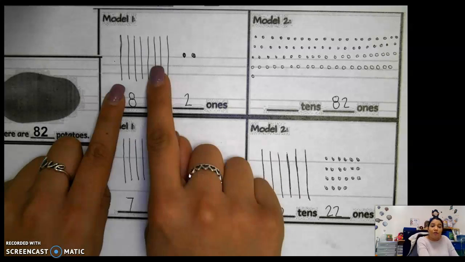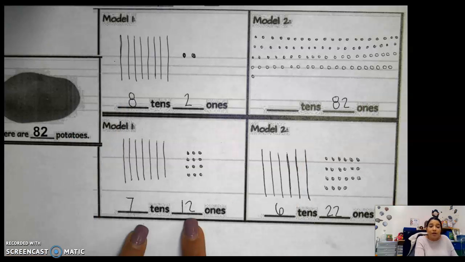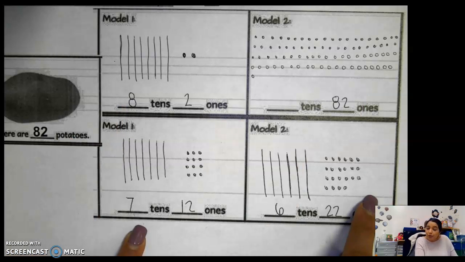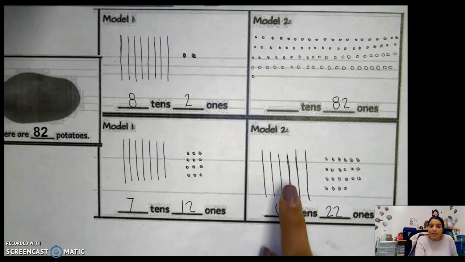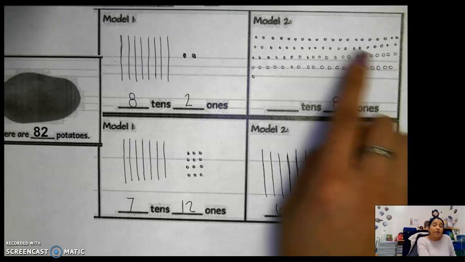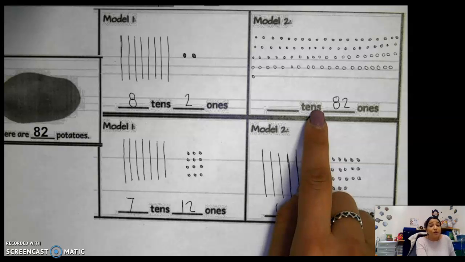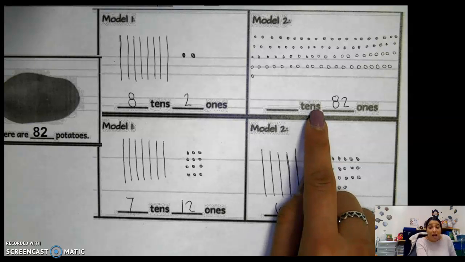So look at all of our models. We were still able to make the number 82, but with a different amount of tens and a different amount of ones. Right here in our model 2, we had 82 ones, and that took a long time.